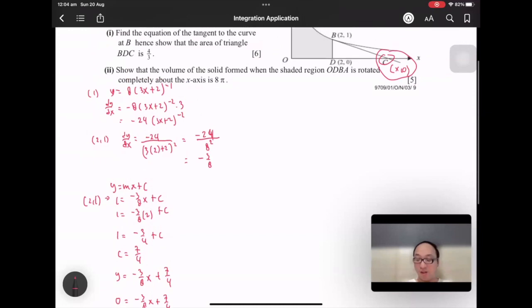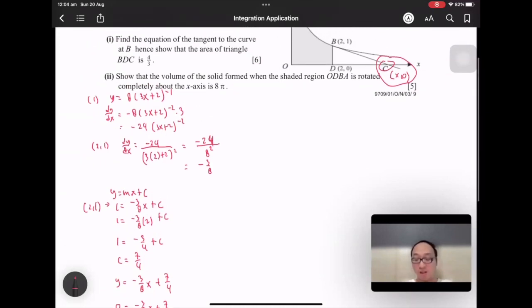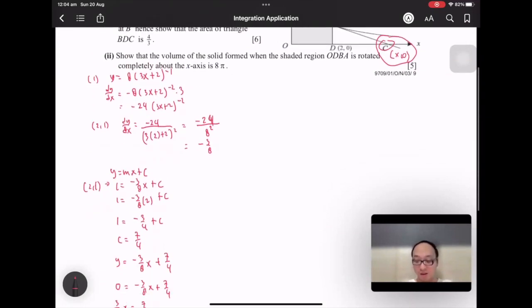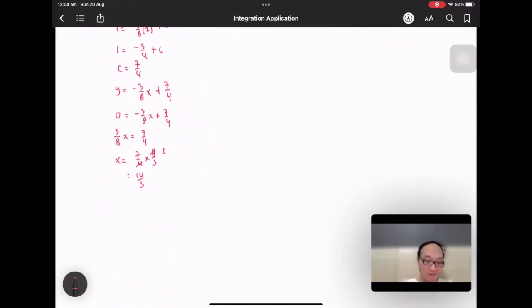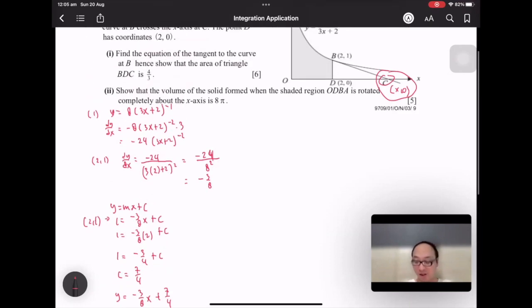So the area of the triangle: area is half times base times height. So the base will be from 2 until 14/3.